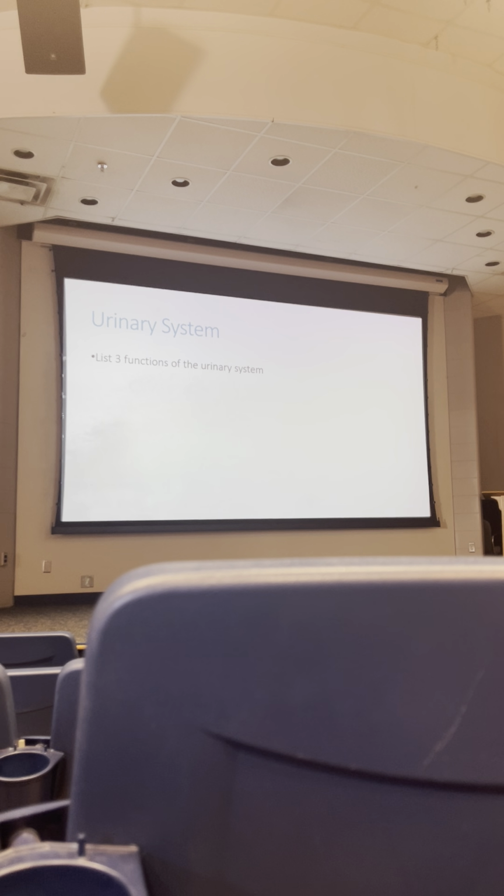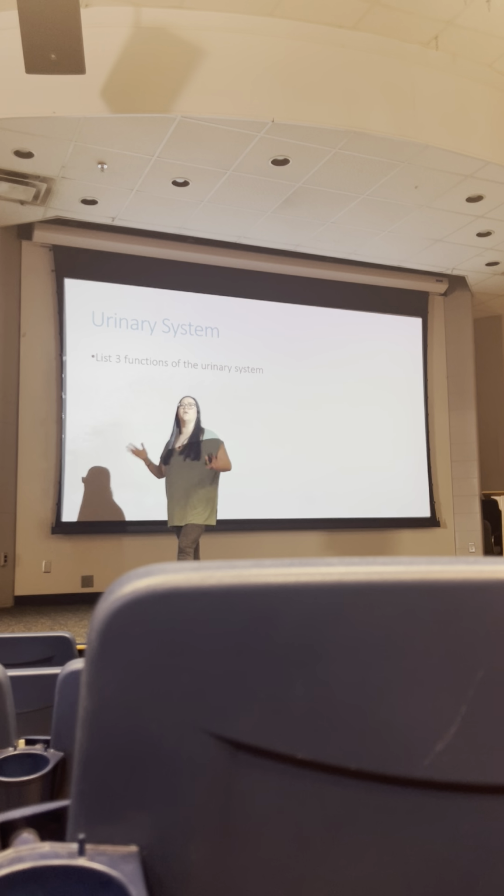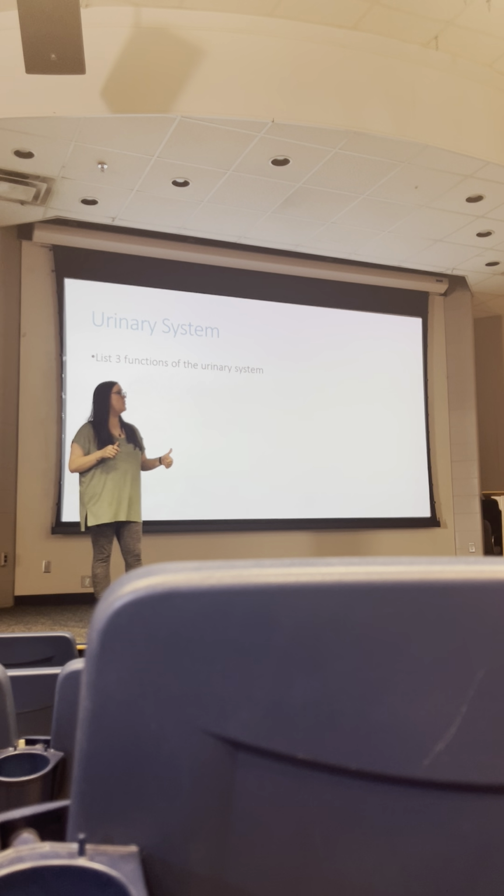We saw that Wednesday. What else could we do? What else can we regulate in the blood? pH levels, right? So pH levels, making sure our blood is not too acidic or too basic. We have our blood pressure regulation. We can even say some broader concepts like ion homeostasis, right?